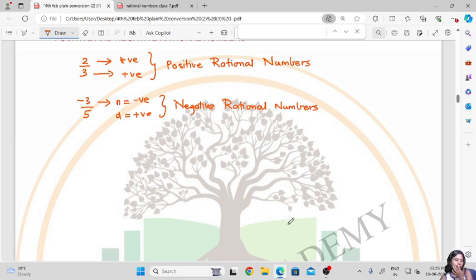Now say we have a number like 0. So now the question is, is 0 a positive or negative rational number?